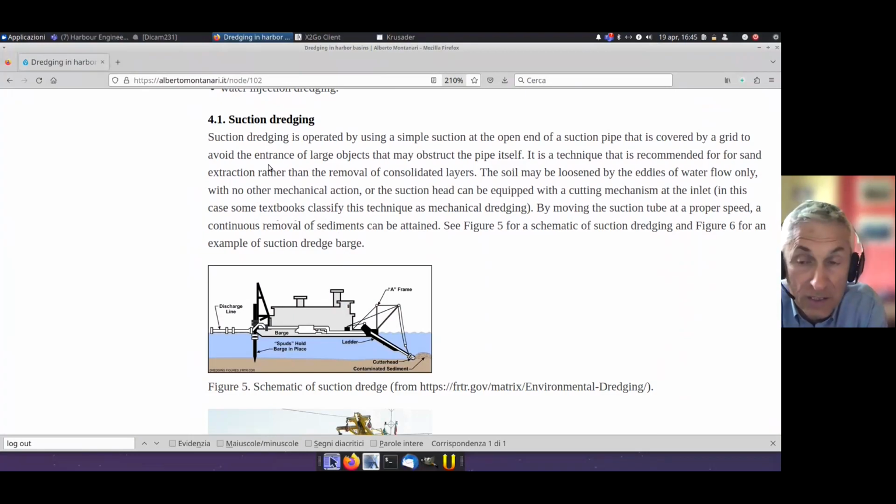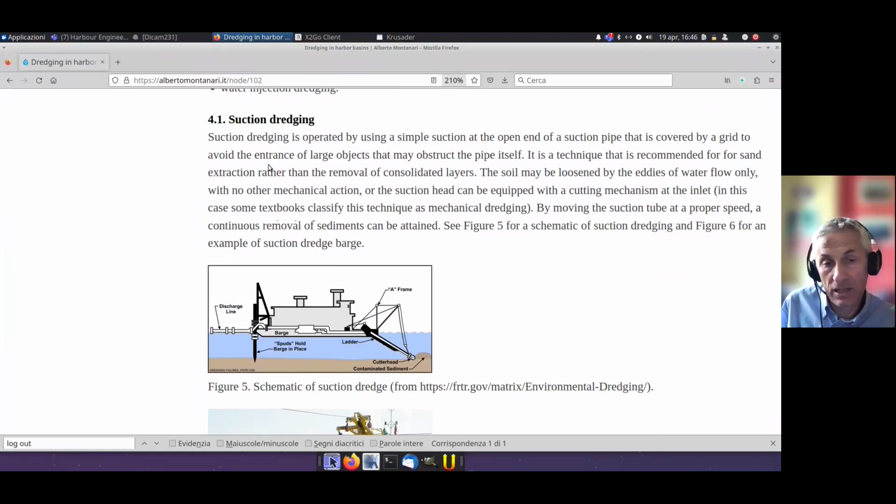It is a technique that is recommended for sand extraction rather than the removal of consolidated layers. The soil may be loosened by the eddies of water flow only, with no other mechanical action, or the suction head can be equipped with a cutting mechanism at the inlet.